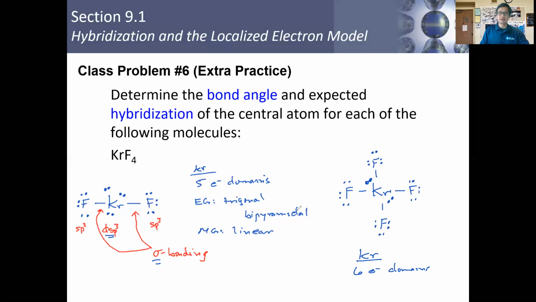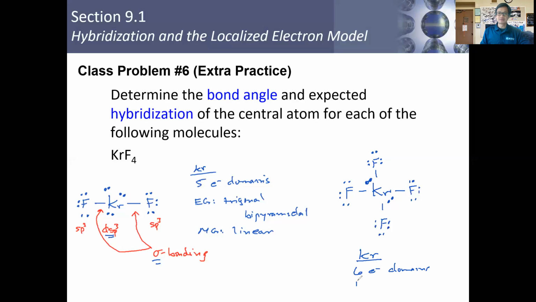So make sure you keep in mind how we get this. Again, four bonds have to form, which means krypton has to take one of these pairs. It doesn't matter which one of these pairs, split them up to form the remaining 2 bonds. So you have 1, 2, 3, 4, 5, 6 electron domains.